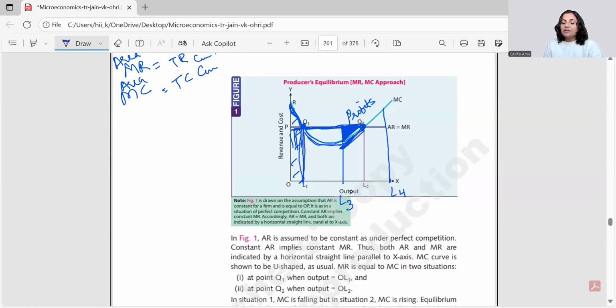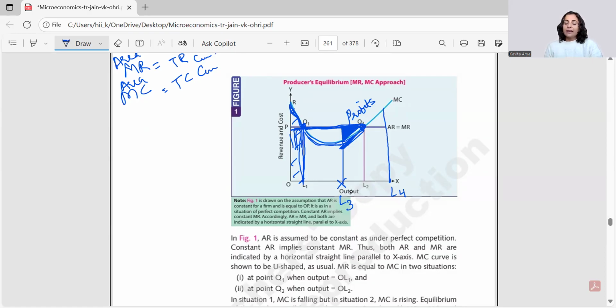So the difference between these two becomes the profits. If he stops at the L3 level of production, he would reduce the total profits, because he still has the potential to earn more profits if he continues till L2.